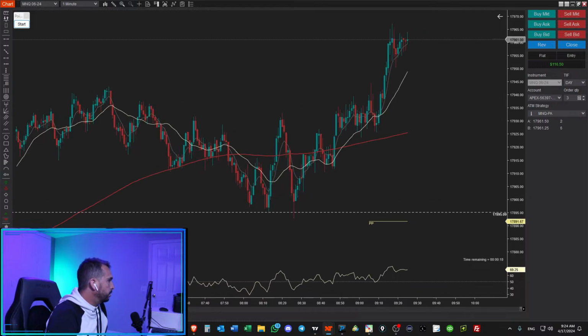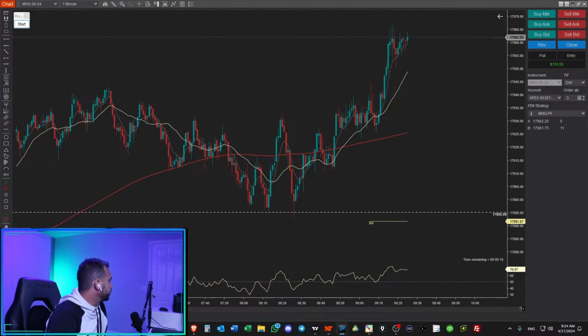Not a nice time to be positioning, because I'm gonna have to have my stop even higher because of the volatility of the open, and I don't like that at all. But we're already there.